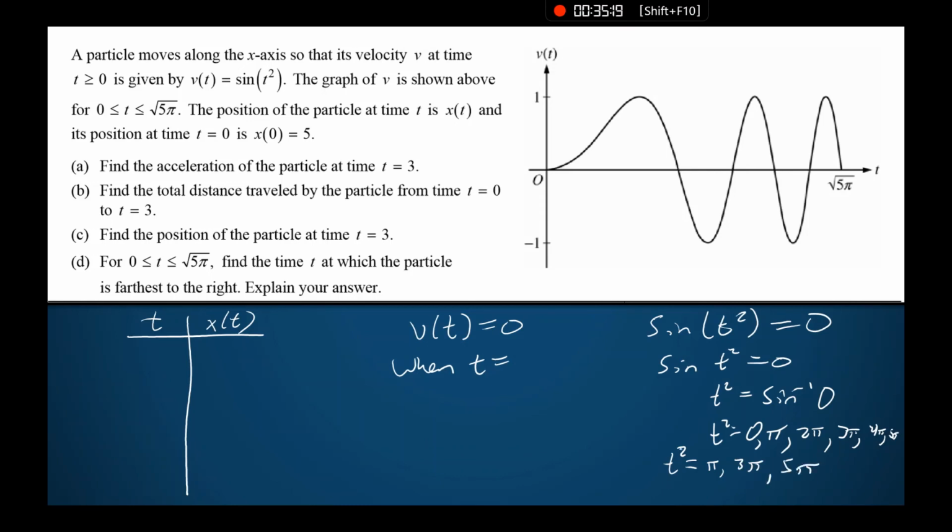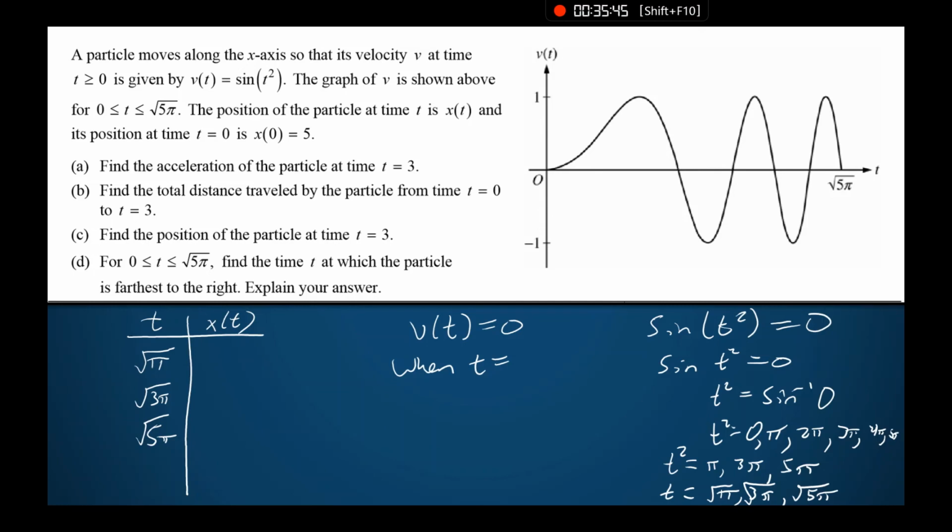Since our angle is t squared, I can take the square root of both sides to get the square root of pi, the square root of 3 pi, and the square root of 5 pi. Okay, so those are our values we need to test.